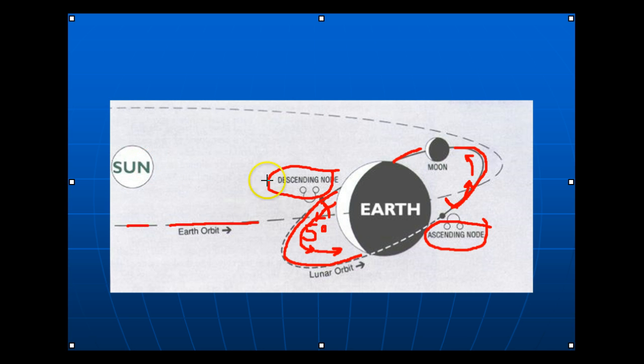If there's a straight line between the Earth, sun, and moon, that moon now ascends up here and descends, we could put a little circle right here, down to here. That we call wobbling. This becomes very important to our understanding of lunar eclipses and why they occur, and solar eclipses and why they occur. So make sure you get this diagram and the explanation in your notes.